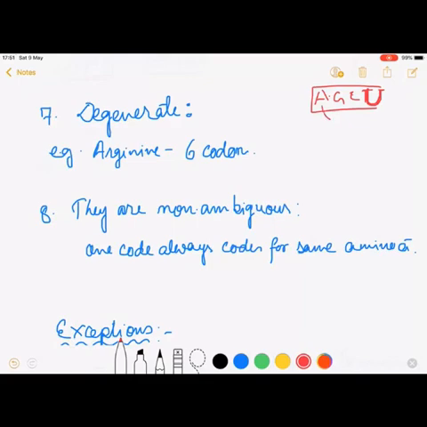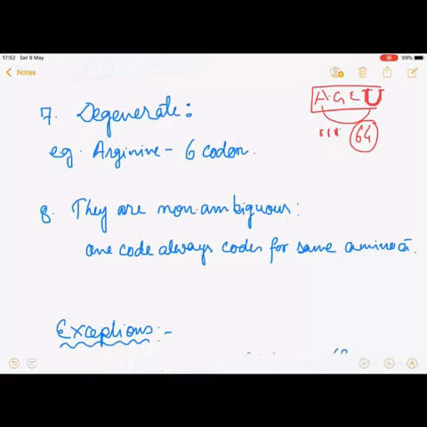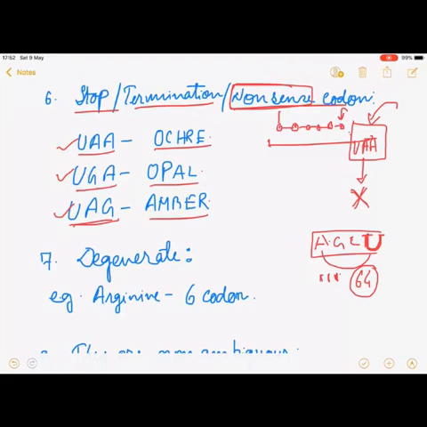So out of these 4, if you take any 3 which can be repeated, then by permutation and combination you can get 64 codons. There are a total of 64 codons, and out of these, 3 codons are nonsense codons or stop codons or termination codons. They won't specify any amino acid.